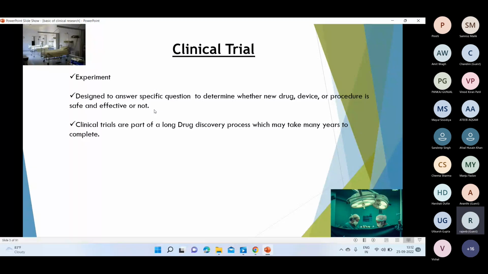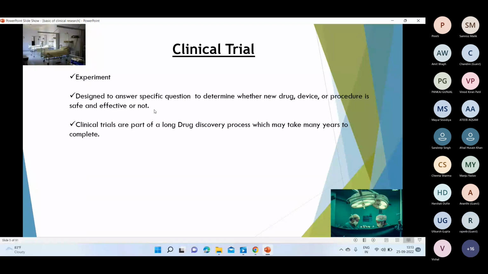So a clinical trial is a part of the long drug discovery process. Okay. So it's an experiment. It's a part of a very lengthy drug discovery process that takes many years to complete. A molecule from the lab to the market will take at least 15 years. So now we learn in that long drug discovery process where the clinical trial lies.